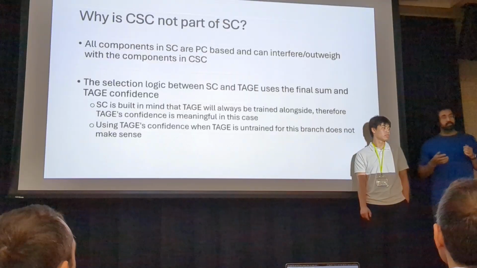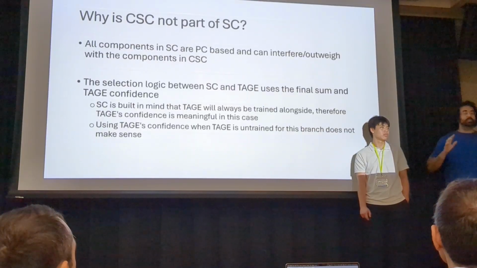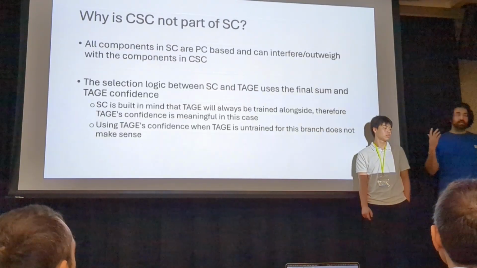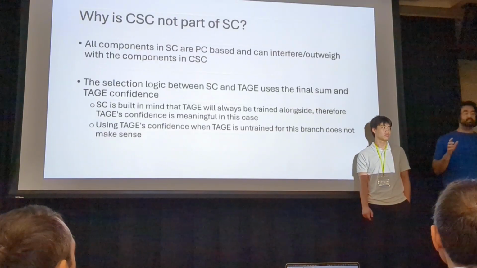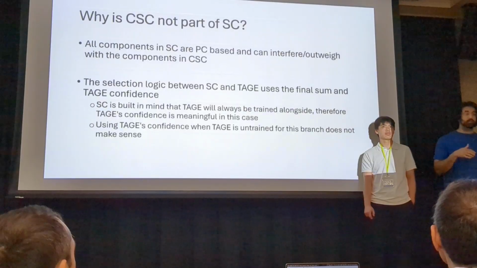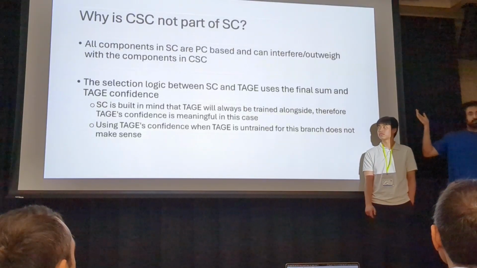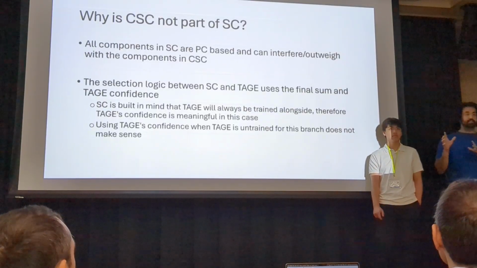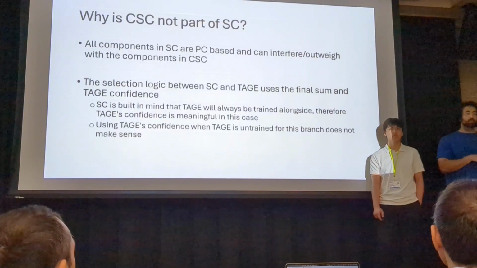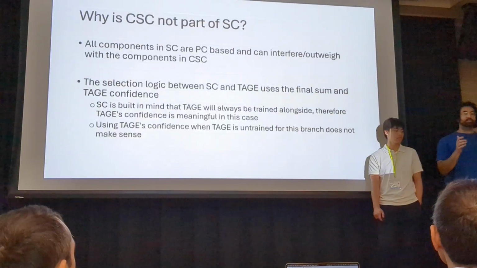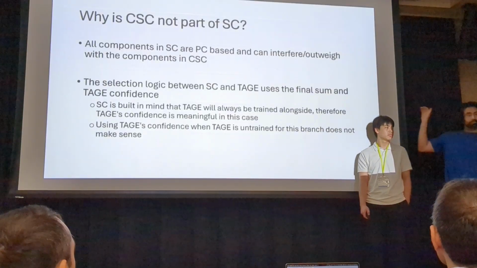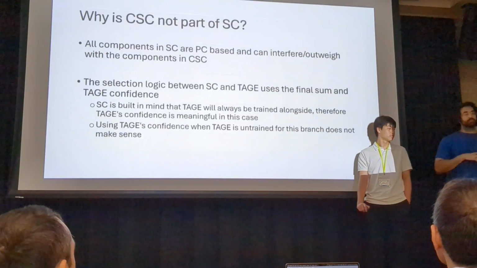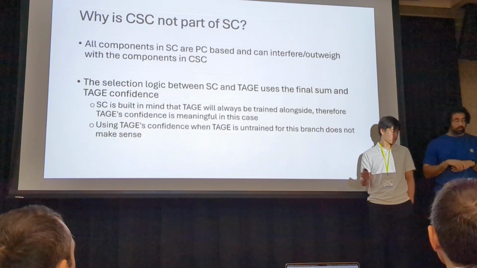The other thing is CSC was originally derived as a cold branch predictor. It ends up it just takes up some easy branches. But when it was a cold branch predictor, the selection logic between traditional TAGE and SC is based on TAGE confidence, which for cold branches isn't very meaningful. So that's why we went with a separate CSC and a separate Bloom filter to select between the two.